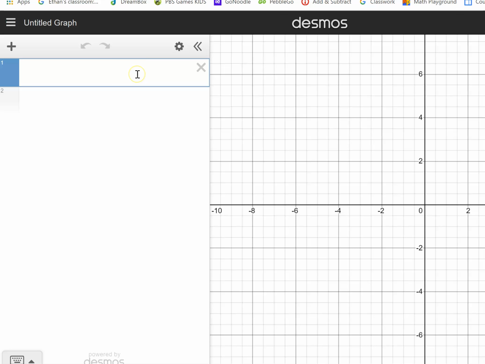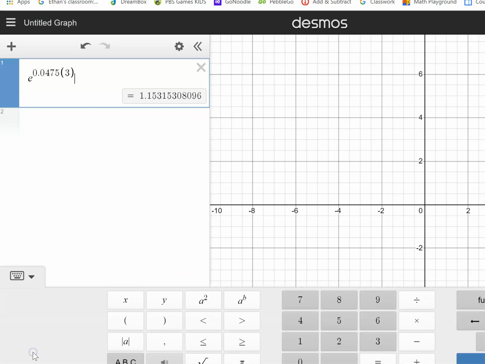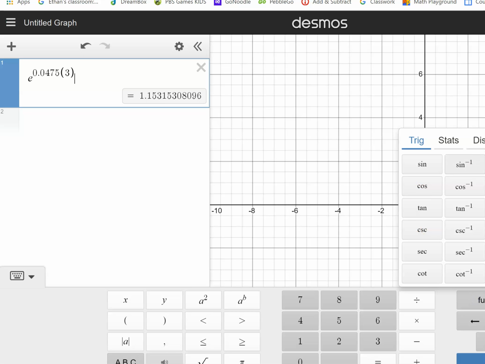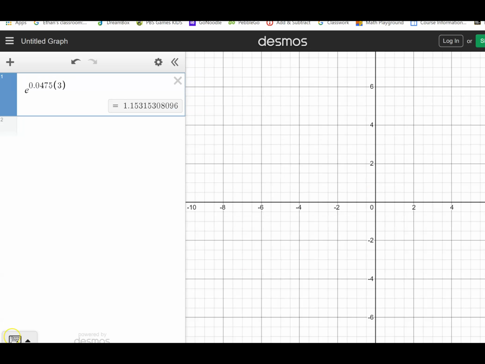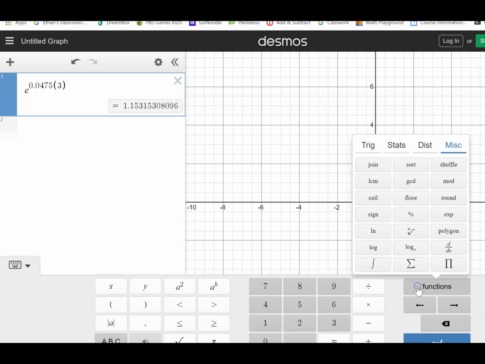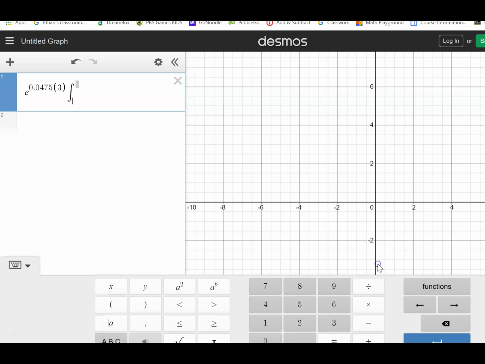Okay, so here we are in Desmos, and I'm going to type lowercase e raised to the 0.0475 times 3, then hop out of that exponent. Then I go to my keyboard functions, go to miscellaneous. Oh, I just realized I am off camera. Give me 1 second here. There we go. I go to my keyboard functions, miscellaneous. I come down to my integral, and we're going from year 0 to year 3.